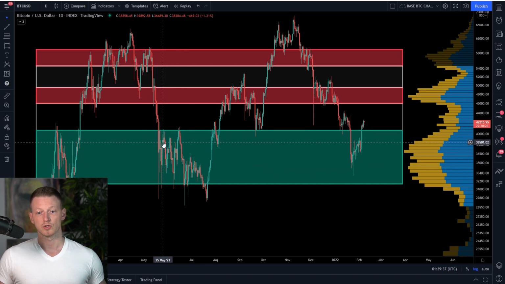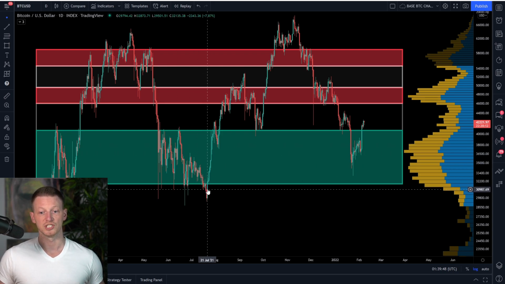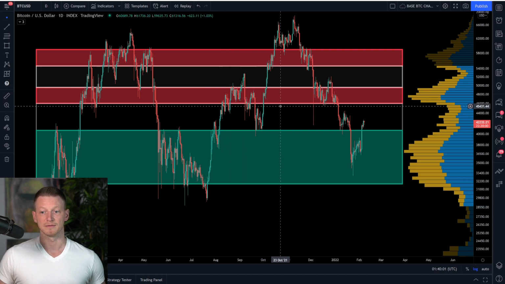And then we just sort of created a ton of volume throughout this level as we went on a long trudge downwards from the end of May all the way through July until we were able to break back through again. And notice right when we got back to around this $40,000 level, that's when we started to meet resistance and we needed to come back before we could go up again.